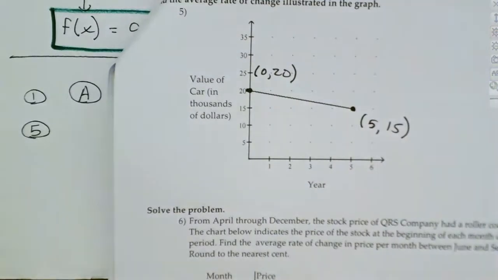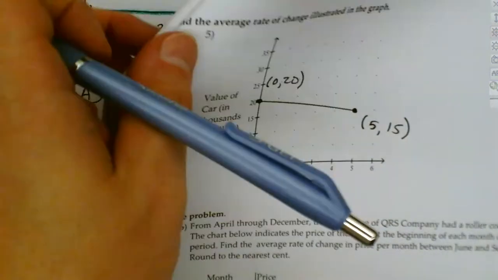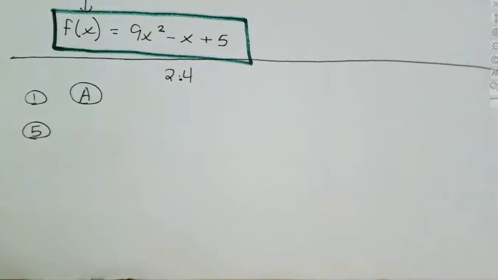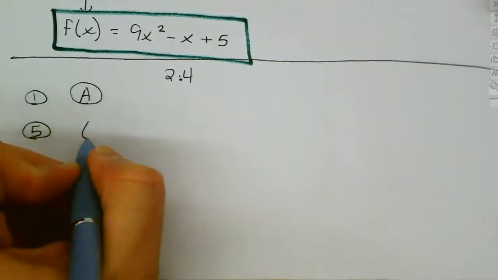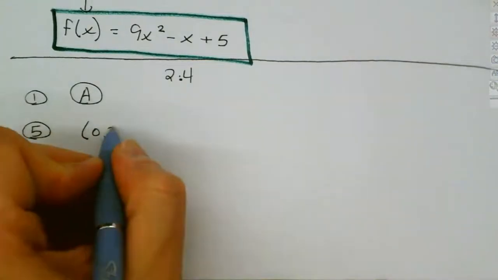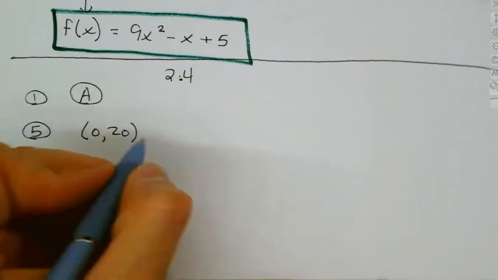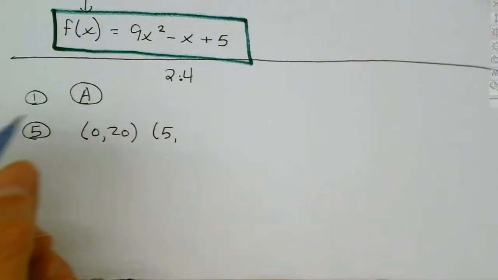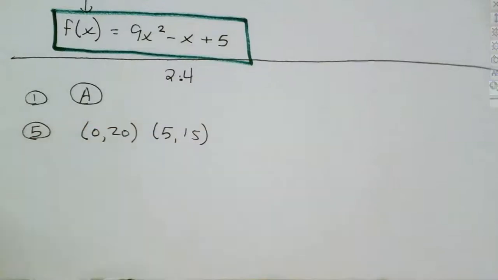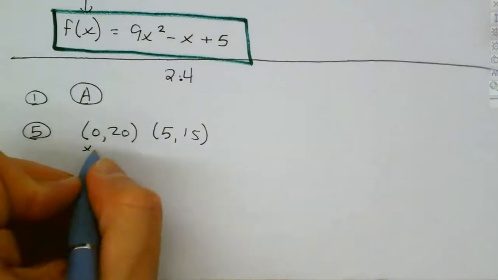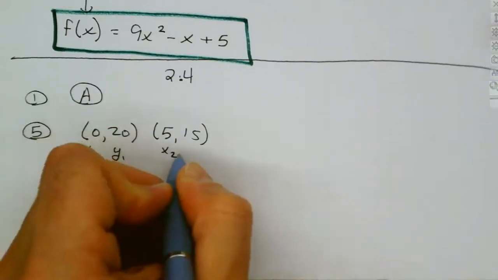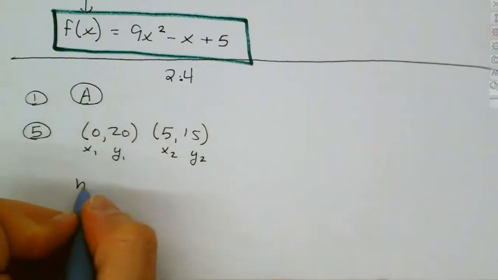What do we have? 2 points. What can we do? Find our slope. So we've got the point 0, 20, and 5, 15. So x1, y1, x2, y2, and write up your formula for the slope.